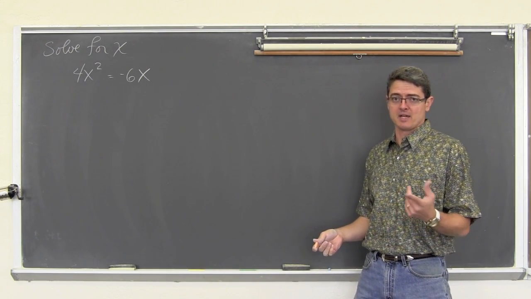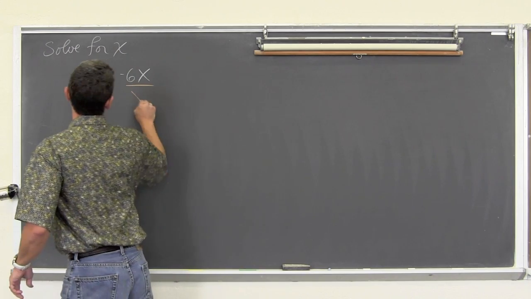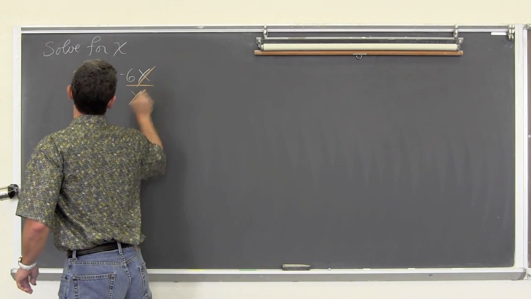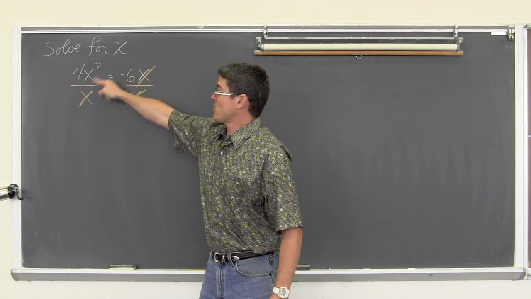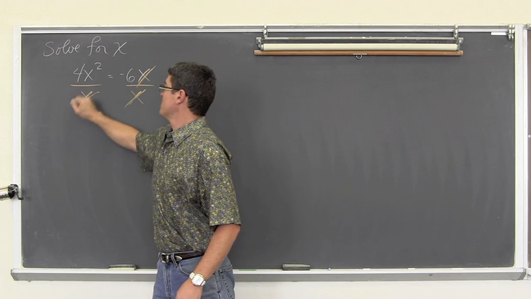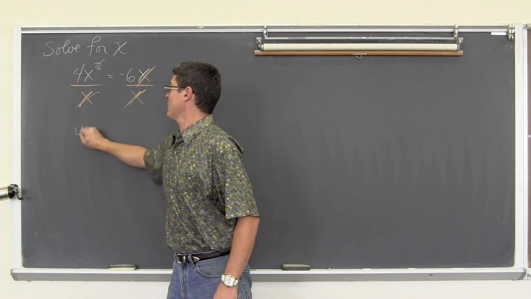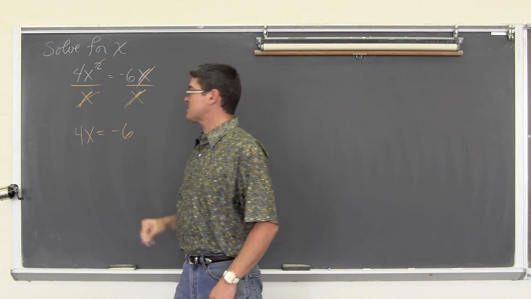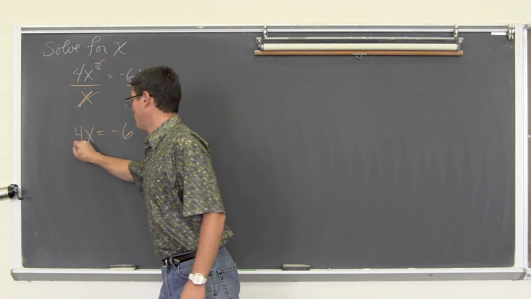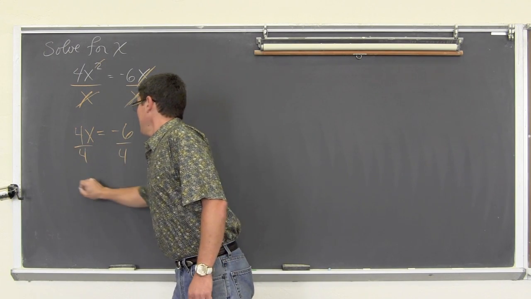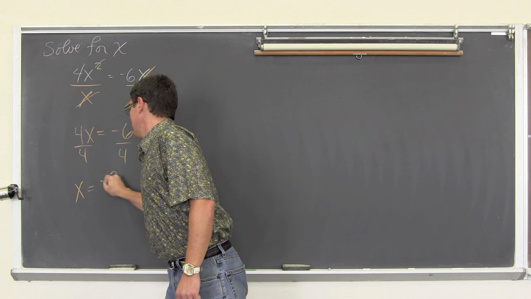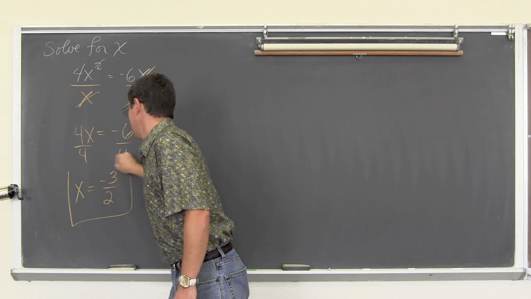I could just divide both sides by x. Cross that out. X squared divided by x. Some of those cancel out. And you end up with 4x equals negative 6. I'm just going to divide both sides by 4 and get x is equal to negative 3 halves.